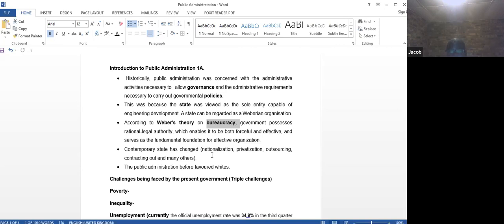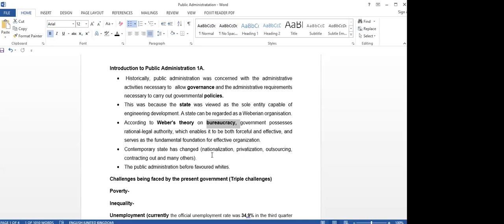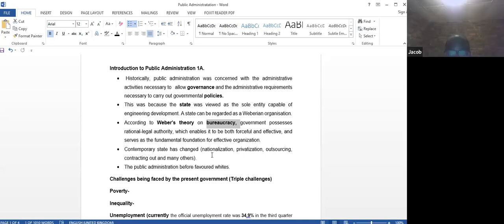But as we check South African history, we know that South Africa was once colonized. During the apartheid era, public administration in South Africa used to favor the whites. It was only the white areas where people were living that were developed.